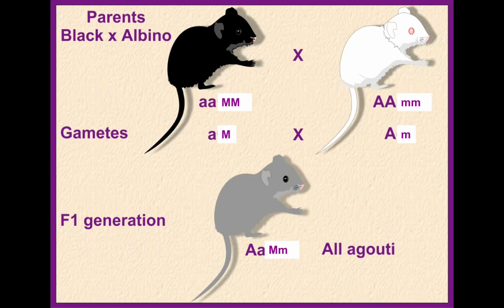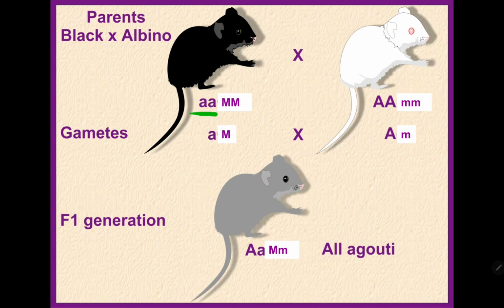So here we have an example of a cross between our black mouse and our albino mouse. Now, a few things just to note here before we go on any further. For this mouse to be black, it must be homozygous recessive for this A gene. For it to express this black color, it has to have one of these dominant M alleles.